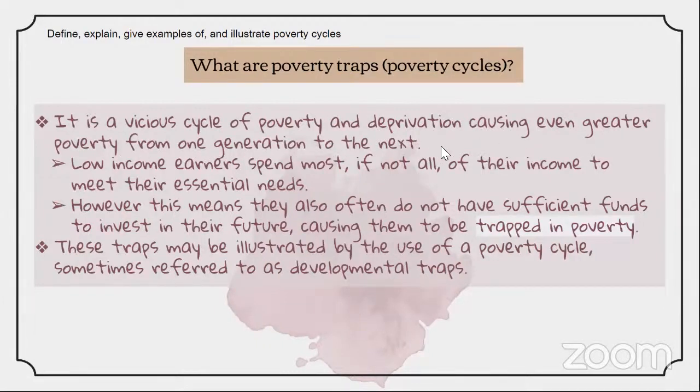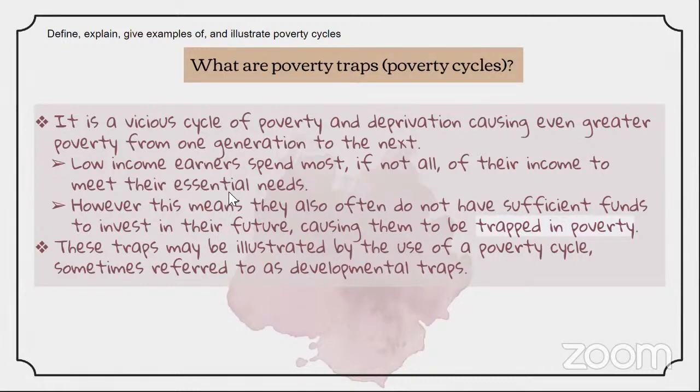So why does this happen? Why can people get trapped in poverty? Basically because low income earners will most likely spend most, if not all, of their income to meet essential needs. For example, they spend a lot on food because they don't earn a lot to begin with, and on water and safe living conditions.